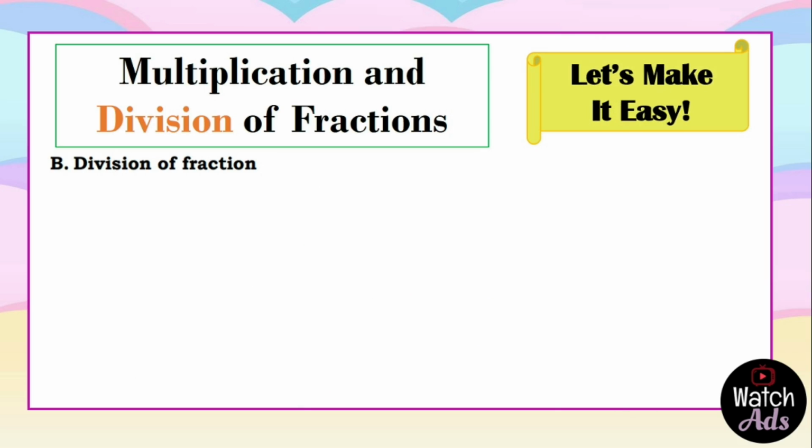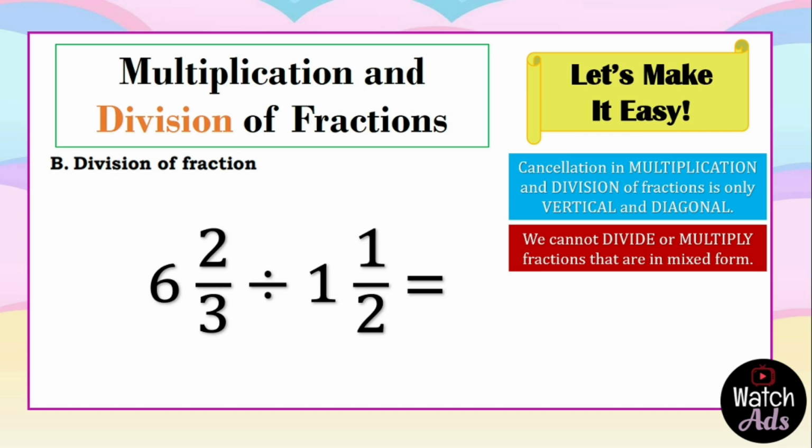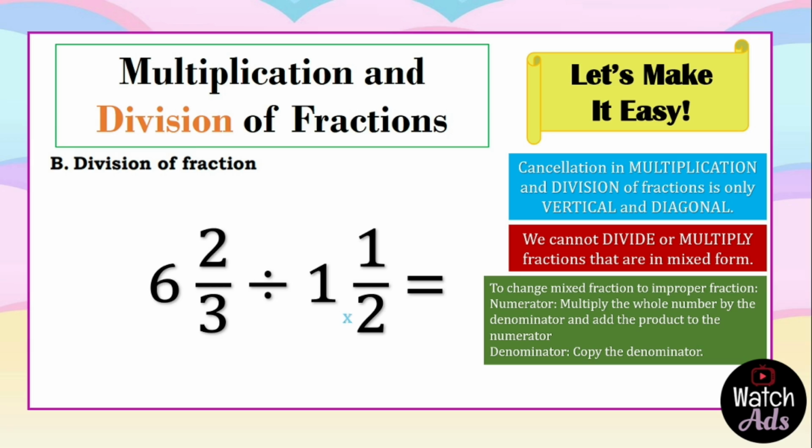To make it easier, let's have the examples again. 6 2/3 divided by 1 1/2. Here are our notes. We change the fractions into improper fractions. 1 multiplied by 2 is equal to 2, plus 1 is equal to 3.